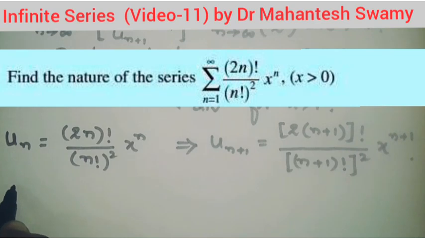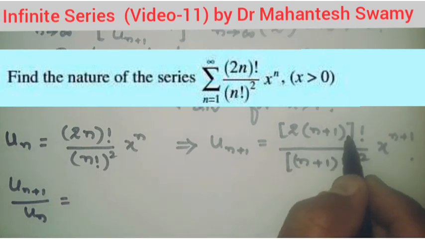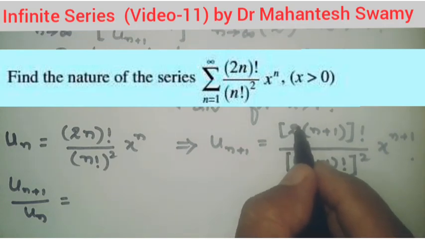So first we have to consider un plus 1. We have to apply the ratio test first. We cannot directly apply the Raabe's test. First it is preferred to apply the ratio test. So let us write un plus 1 directly. We can write it as 2n plus 2, 2n multiply 2 within the bracket.